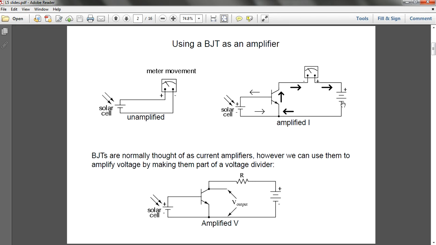If you open up the gate, you allow the voltage to flow in this direction, and this one will go in this direction.